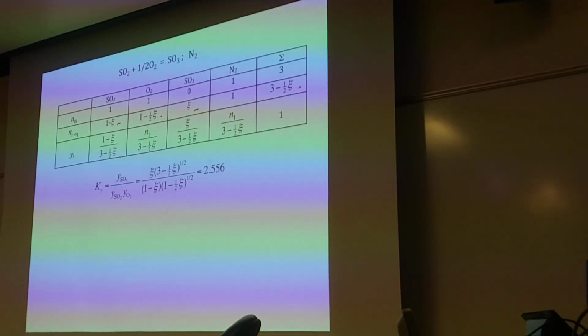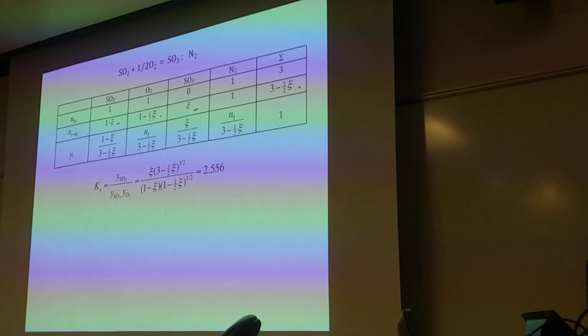Once we've got that, then I can write the expression for Ky, and there's a typo here. Should be a 1/2 right there, but it was over here, so no problem. It's still going to be correct. So there you have the expression in terms of the xi equal to the equilibrium constant Ky that I evaluated previously, 2.556.